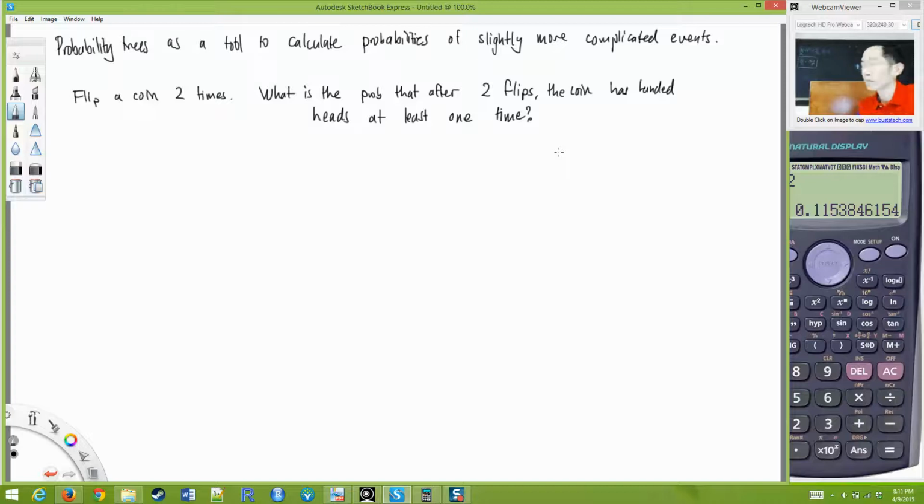So we're going to flip the coin 2 times, and we want to know the probability that it has landed heads at least 1 time?